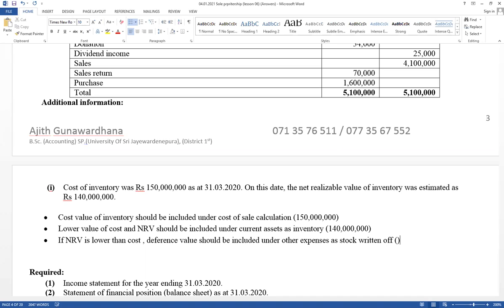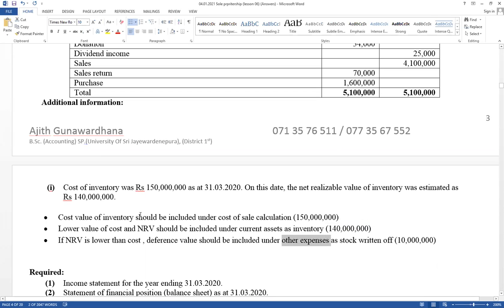Think about value how much. Therefore, stock written off we have to recognize if NRV lower than the cost value. That is a theory. In this example, NRV lower than the cost value, difference value 10,000. Therefore, 10 million. This is a value should be considered as stock written off. That value should be included under other expense.